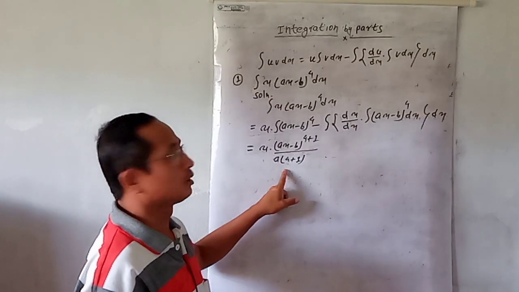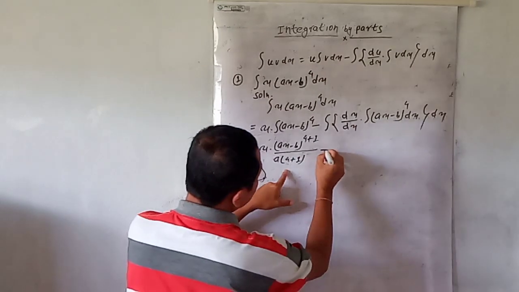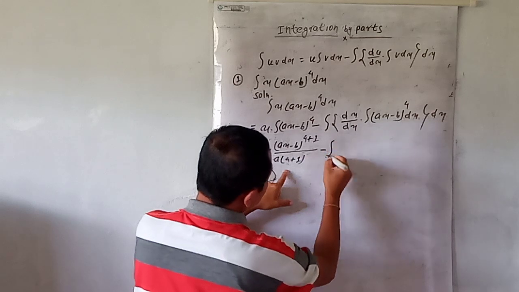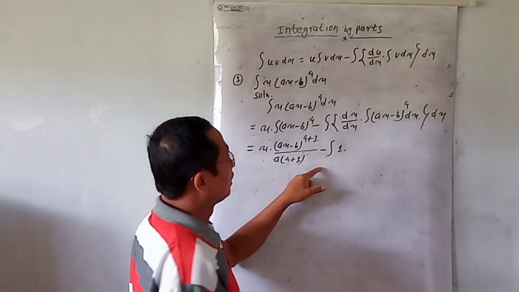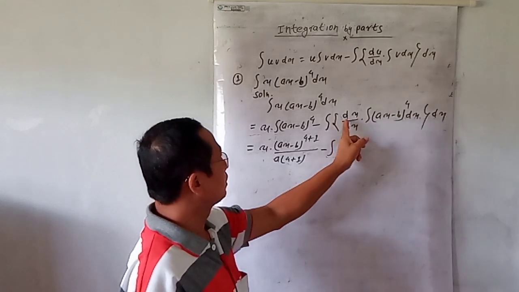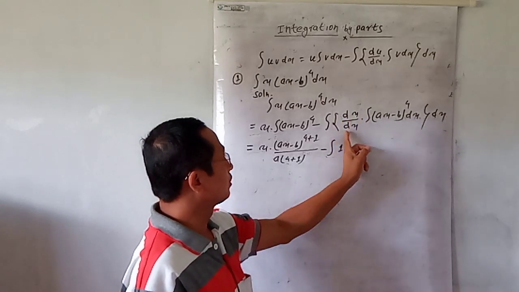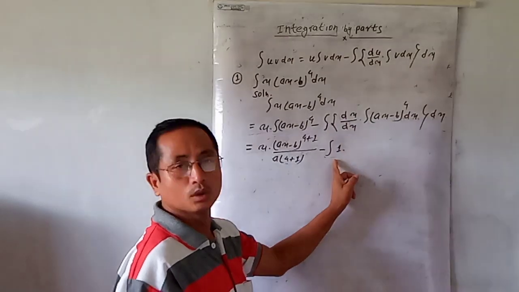In the previous lesson we studied this very formula. The integration of dx by dx means 1 into.